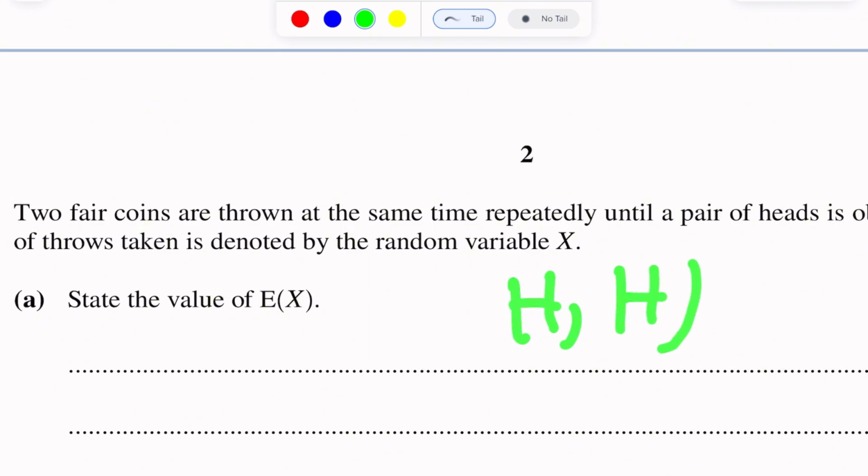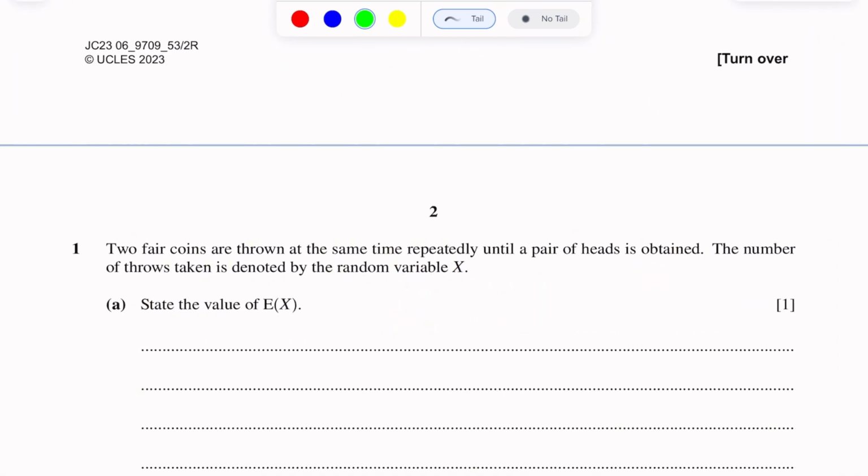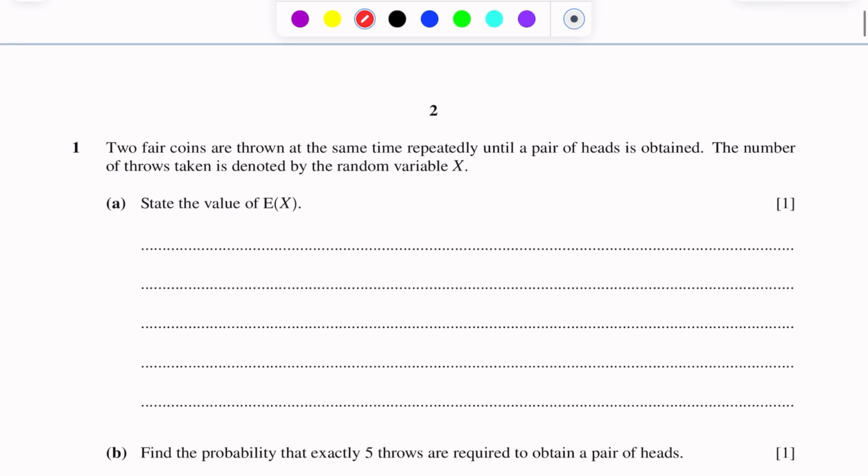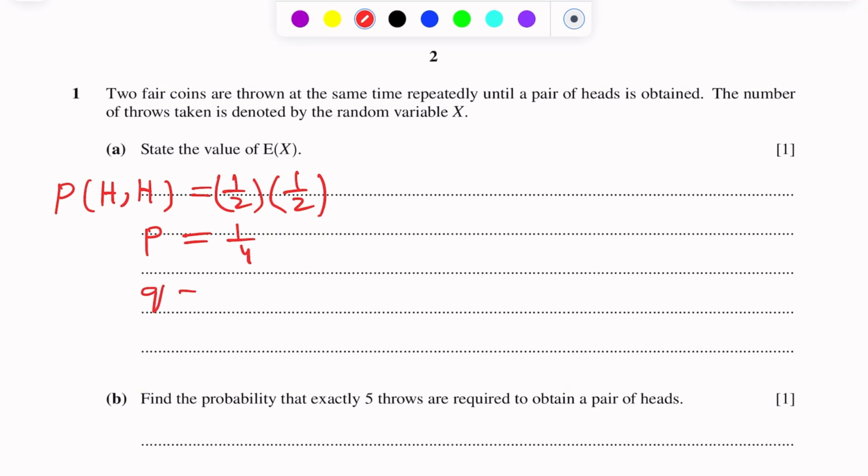The probability of head will be 1 over 2 into 1 over 2, that is 1 over 4. This is P, the probability of success, which is 1 over 4, and q will be 1 minus p, that is 3 over 4.